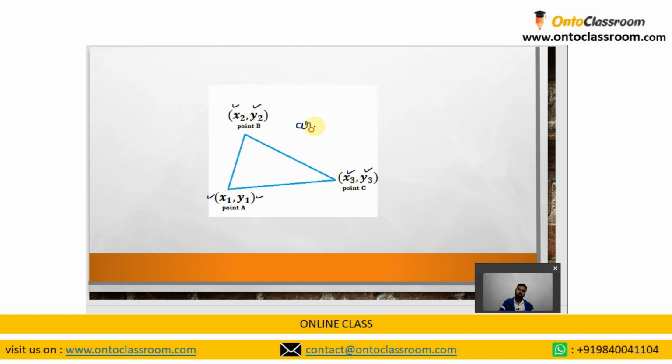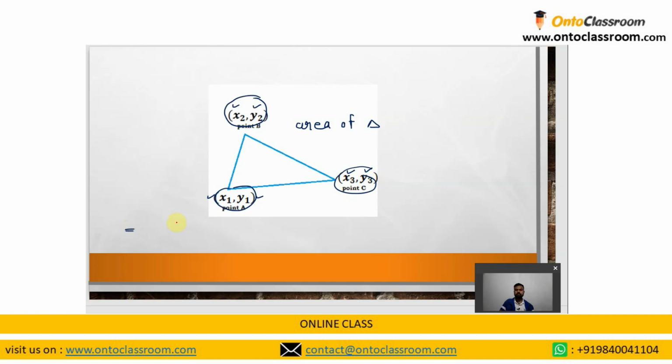Because we have a formula for finding the area of any triangle when these 3 points are given. What is the formula?